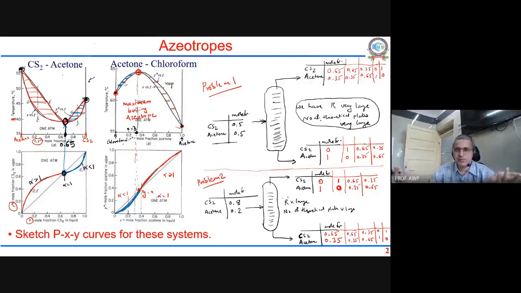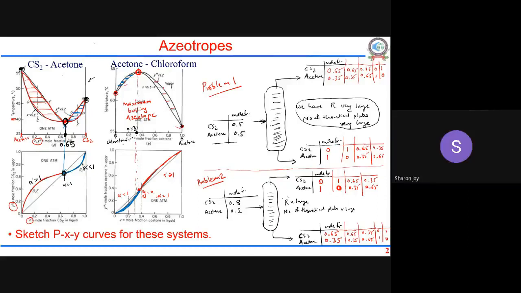I have written 4 for top, 4 for bottom, 4 for problem 1, 4 for problem 2. So instead of pure CS2 or acetone, there will be some composition like 90% or 80%. Okay.